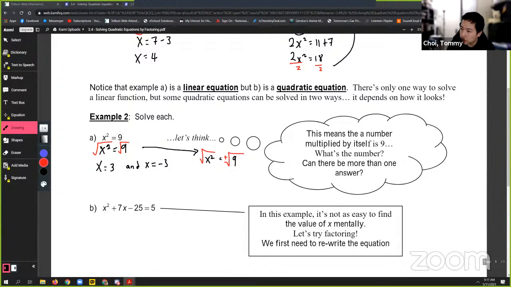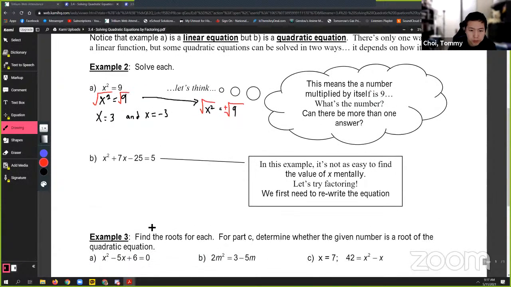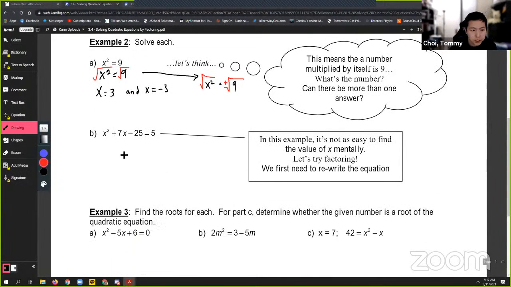So then, of course, we also went over the idea of solving by factoring. We talked about this yesterday, where you move everything to one side, then solve by factoring and find your solutions to the equation. Just a review of yesterday here.